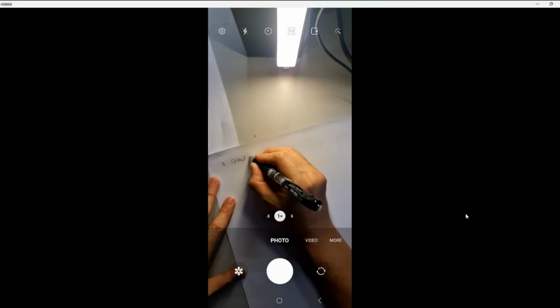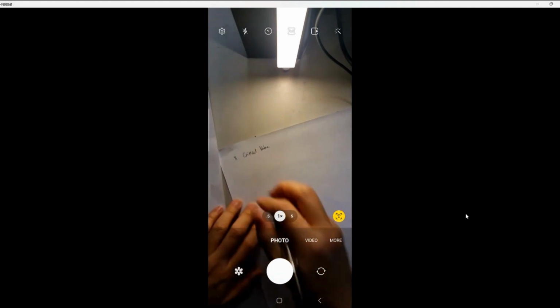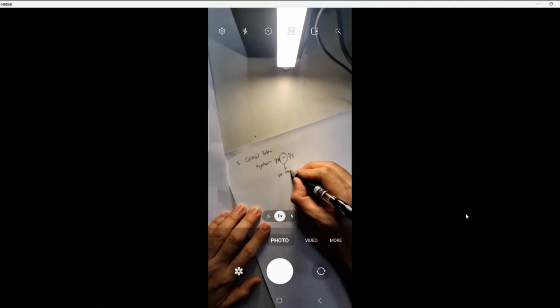Step number 3 is to get the critical value, the critical proportion value. You see the hypothesis says equal, right? Equal, right? So use two tail.